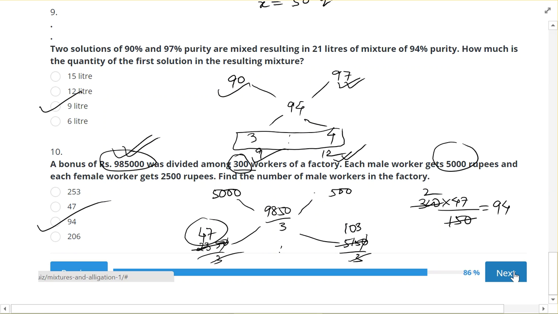So the ratio of the number of employees will be obtained here, just like all other examples. Once we obtain it to be 47 is to 103, we divide 300 workers among males and females, and we get 94 and 206. So 206 females are there and 94 males are there. Male workers will be 94.